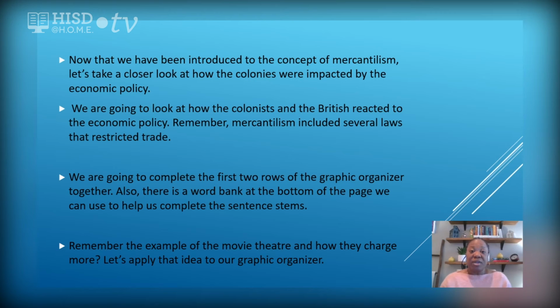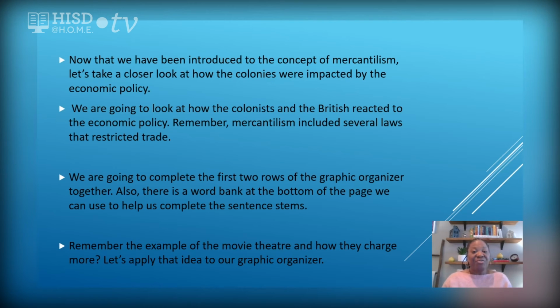On the graphic organizer, there is a word bank at the bottom, and you will have to use the words that are provided to fill in the blanks. We'll do the first two together, and then I want you to complete it by yourself. Remember, as we go through this graphic organizer and we're looking at these different scenarios, I want you to remember the movie theater example.